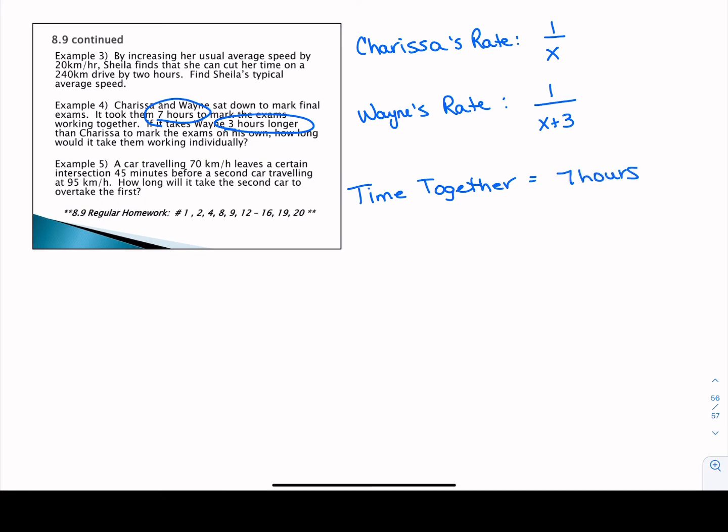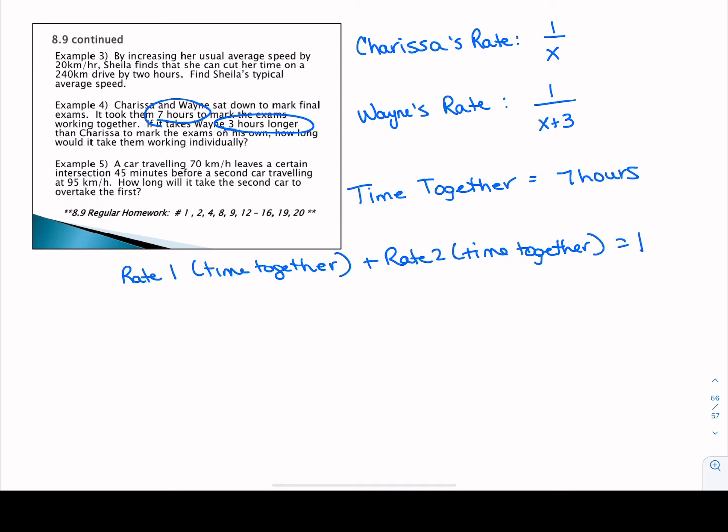So now we go back to our formula where we say rate 1 multiplied by the time together, added to rate number 2 multiplied by time together, is going to be a total of 1 complete job. So rate number 1 would be Carissa's rate, that's 1 over x.